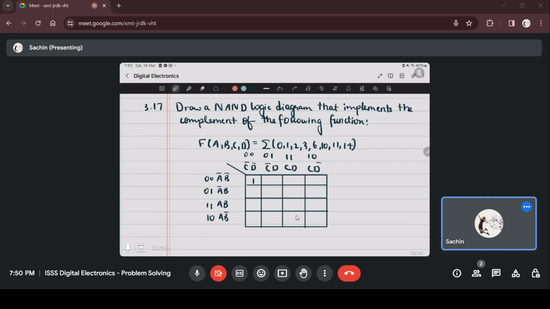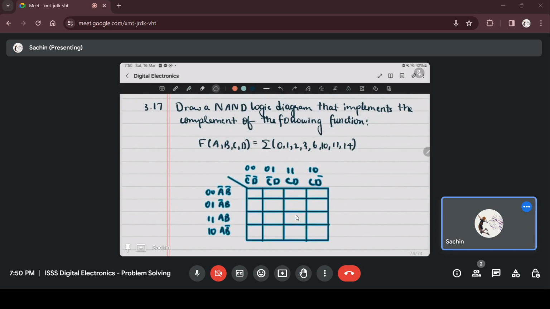Since they want the complement, let us complement this function.